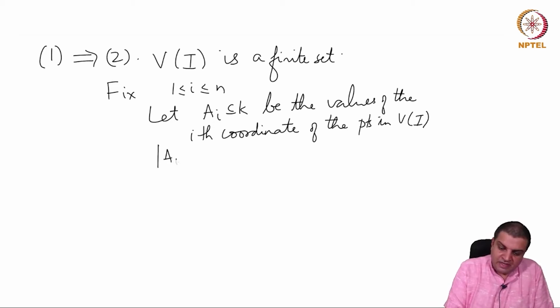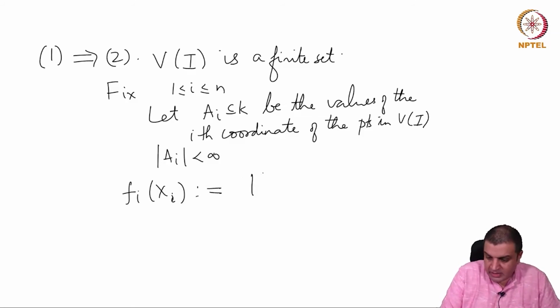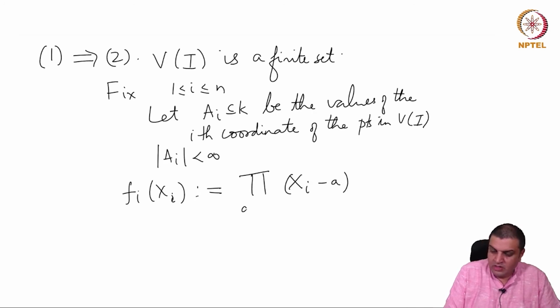So Ai is a finite set. Define the polynomial Fi of xi to be the product of (xi minus a) over a inside Ai.